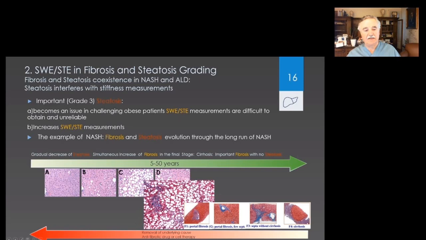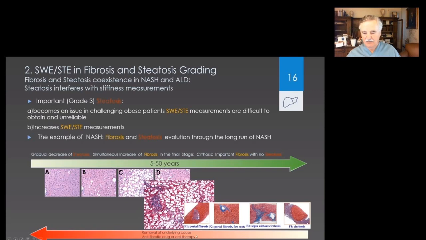From now on, if the underlying cause, for instance the alcohol, continues to act on the liver, there are important septa and fibrosis. In the final stage, the cirrhotic case, there is important fibrosis and practically no steatosis.